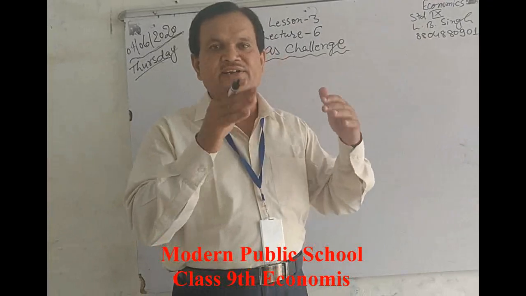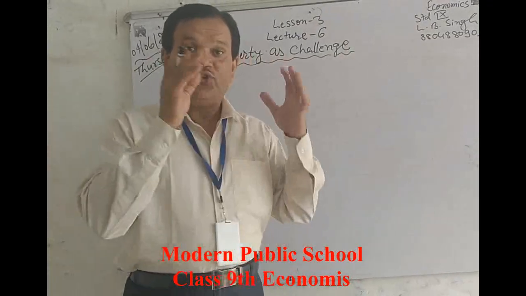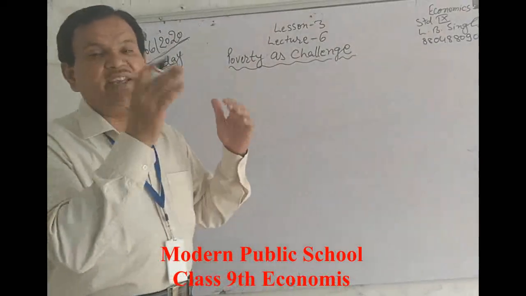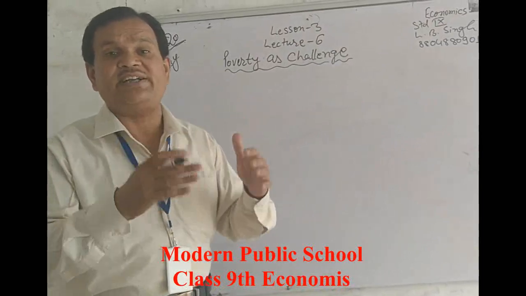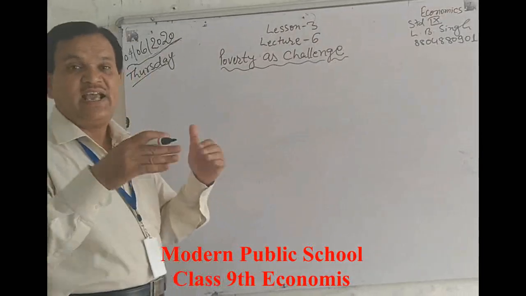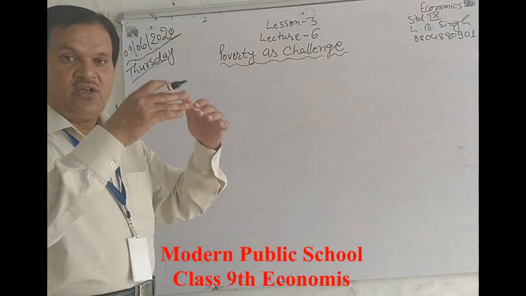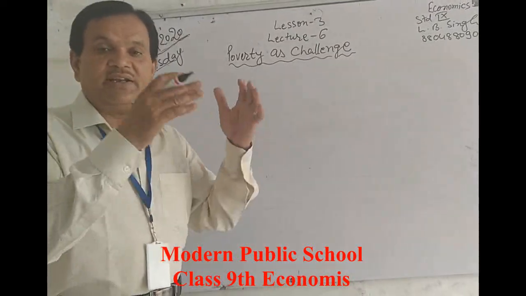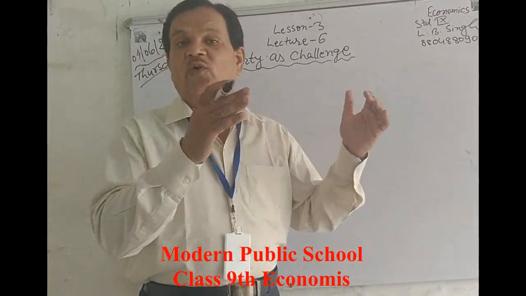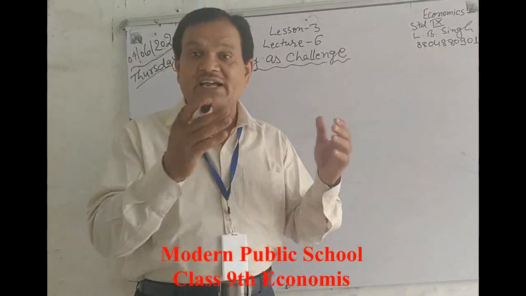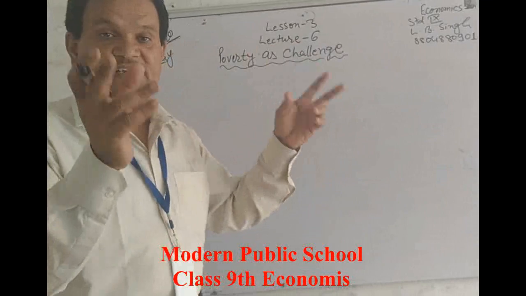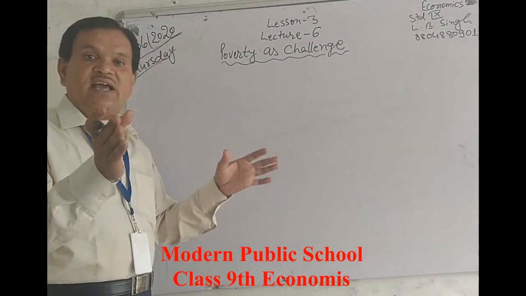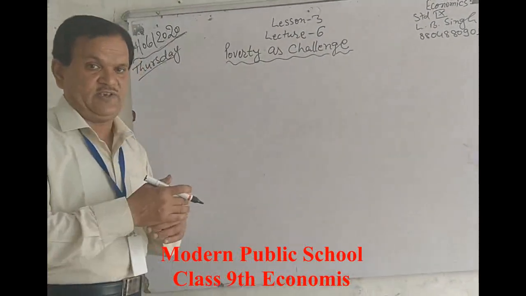anti-poverty action taken by the government. You should know what is the meaning of anti-poverty scheme. Anti means against. How the government will remove the poverty from our country. That means the central government as well as the state government.